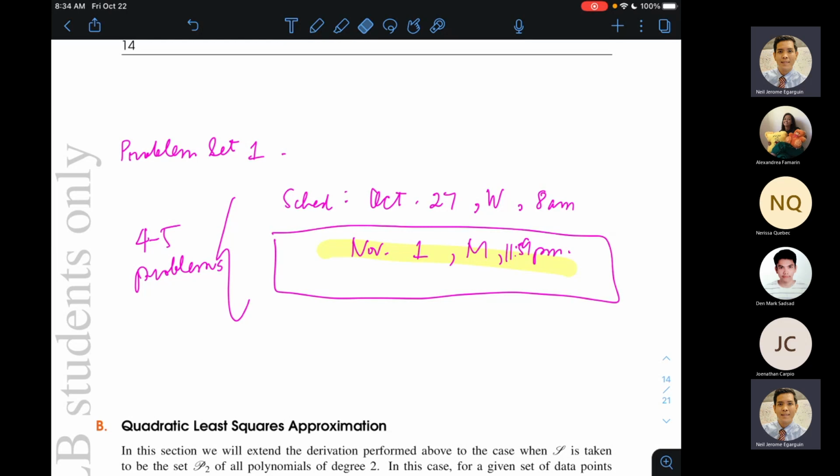And also, if you worked in a group or may kinonsult kayo na material online or otherwise, please declare it on your papers. So para masanay tayo that we give credit to where credit is due. So if you found a similar problem in the internet and you drew inspiration from it, just say it on the problem set or write it down.